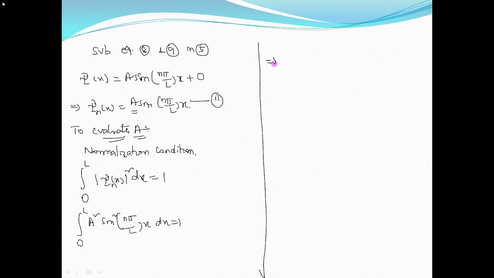If we take a squared, this is the constant, bring it outside. So the integral 0 to L of sine squared n pi by L into x dx is equal to 1. See here, how can I write sine squared theta?